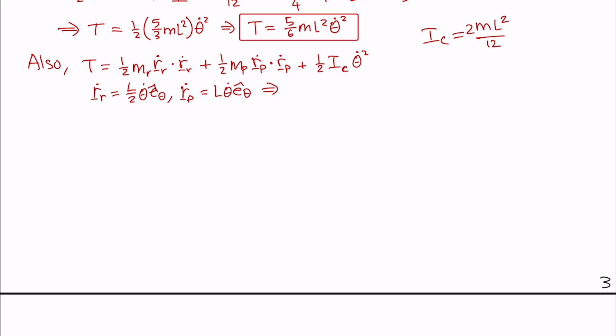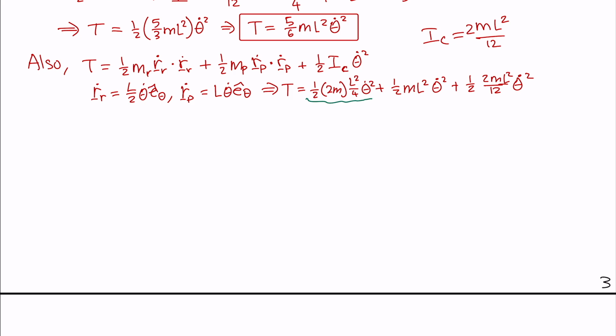And then our kinetic energy T is going to be equal to 1/2 times 2m times L squared over 4 theta dot squared, plus 1/2 mL squared theta dot squared, plus 1/2 2mL squared over 12 theta dot squared.